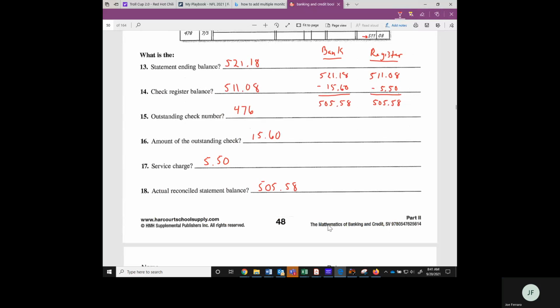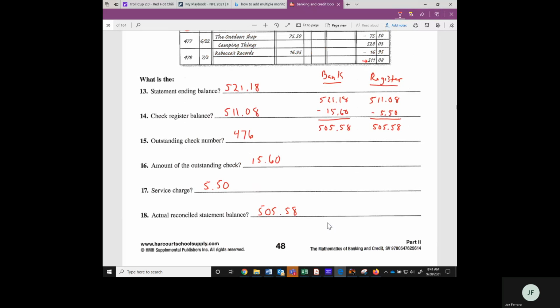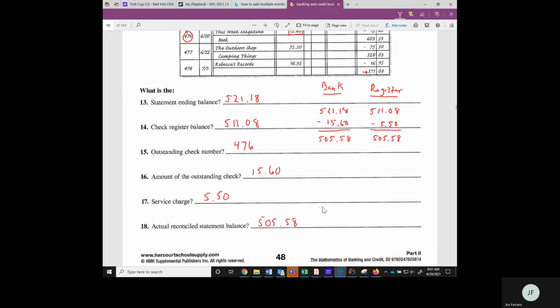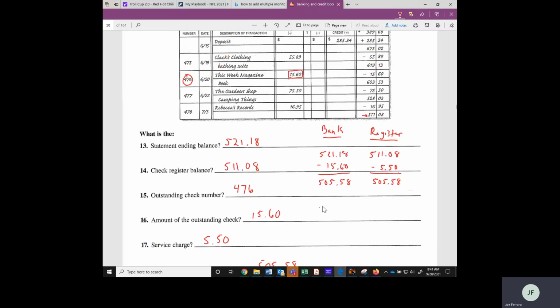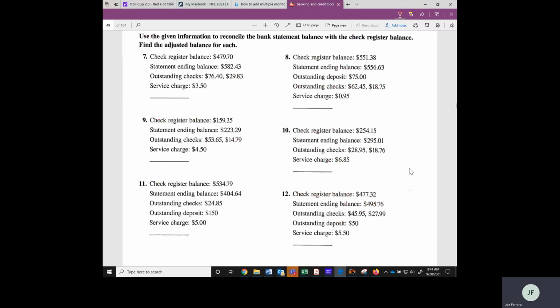Okay. All right, look at that. Now, the last thing we're going to do, I'm going to do one of these before I give you the assignment. I'm going to try to fit it on this paper and see if we have room.